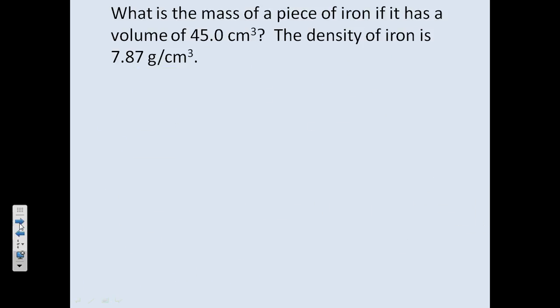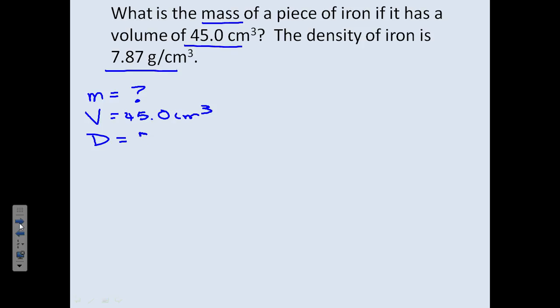Our next question asks us to find the mass of a piece of iron. It has a volume of 45 cubic centimeters, and they give us the density of 7.87 grams per cubic centimeter. So mass is what we want to find out. Volume is 45.0, and density is 7.87 grams per cubic centimeter.